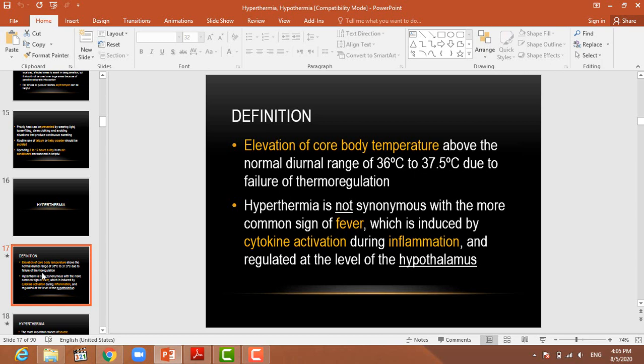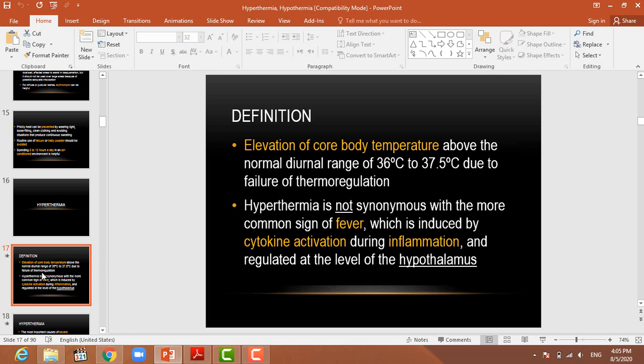Now, keep in mind that hyperthermia is not synonymous with the more common sign of fever. Fever is induced due to cytokine activation, during inflammation, and is regulated at the level of the hypothalamus.